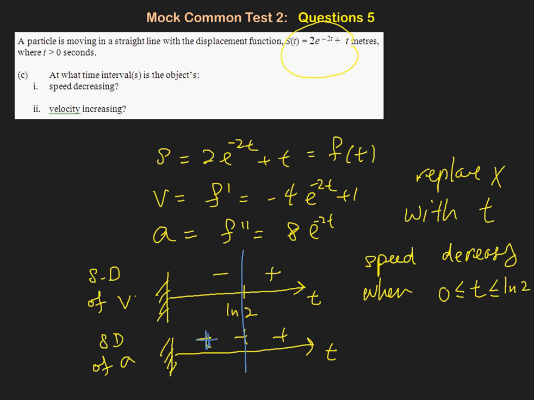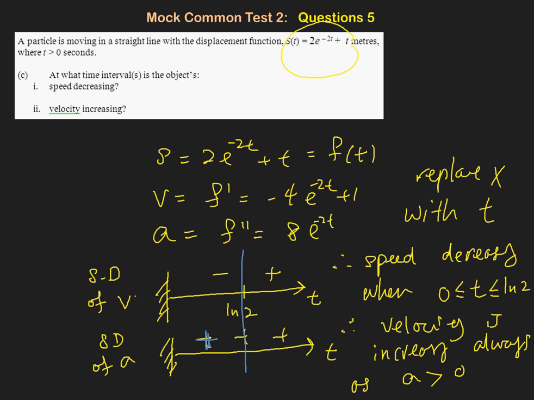And the other thing is we know that the velocity is increasing always. Why? Because a is greater than 0 always. That's all.